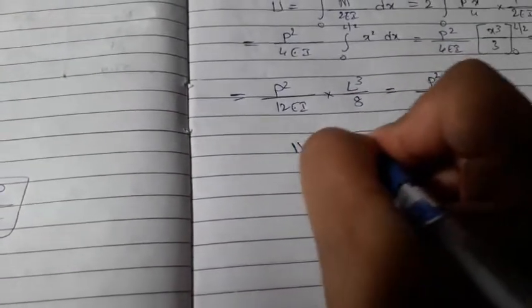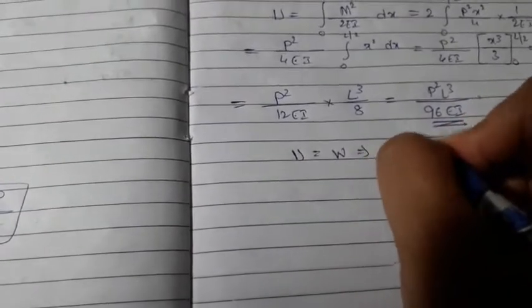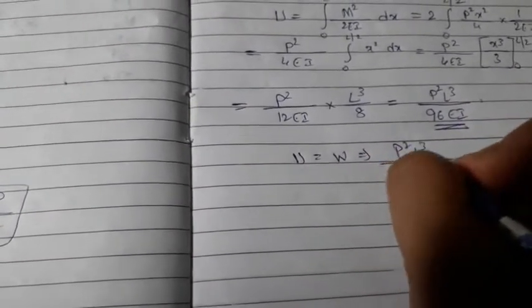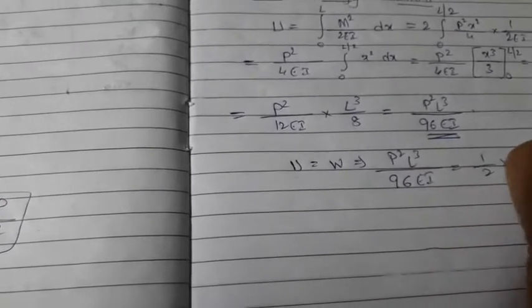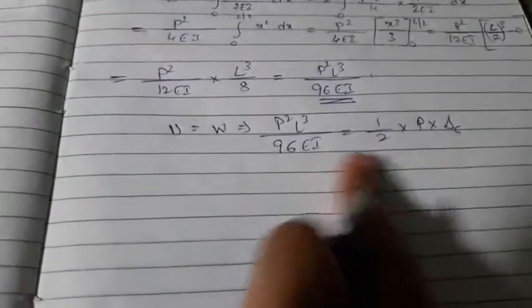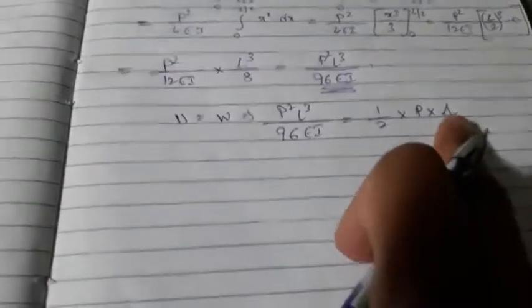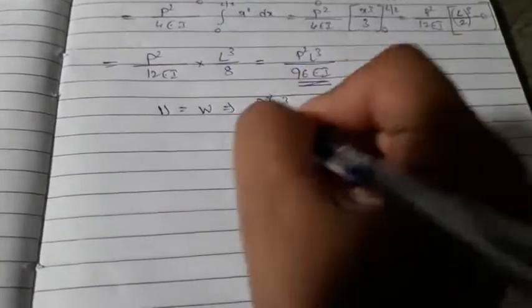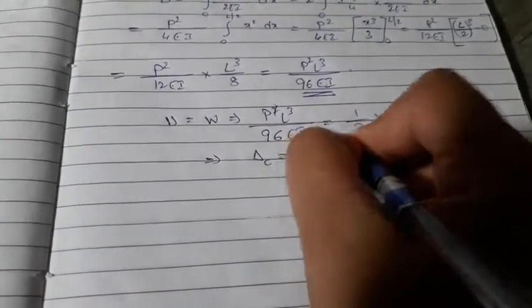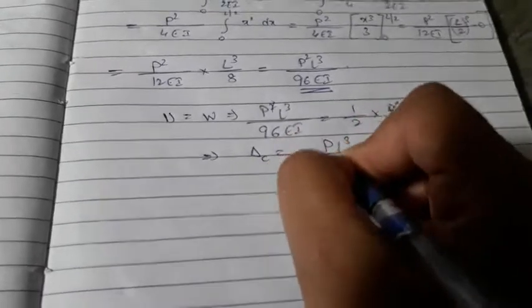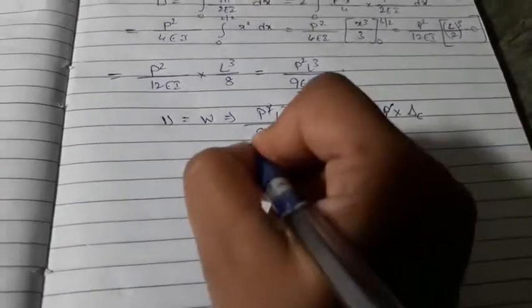We know that energy is equal to work done, which means that P square L cube by 96EI is equal to half into P into delta C. So from this we have to calculate delta C. From this we get delta C is equal to PL cube by 48EI.